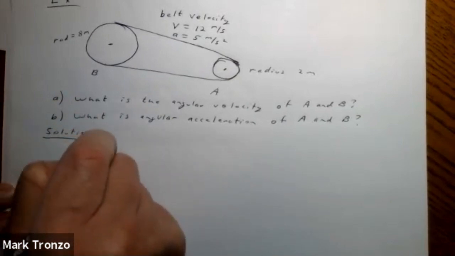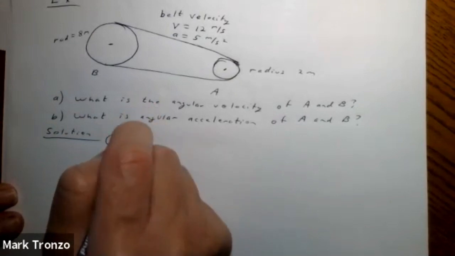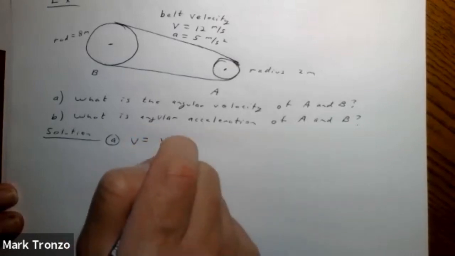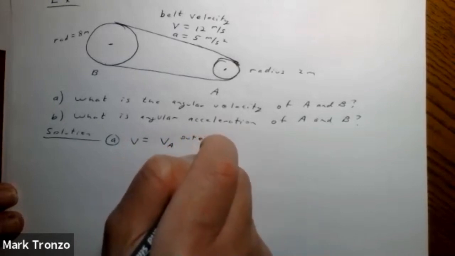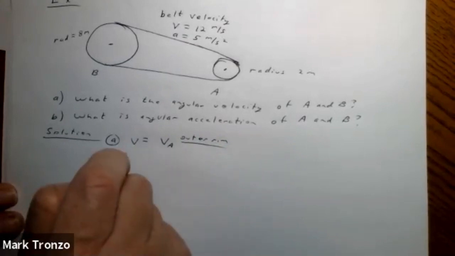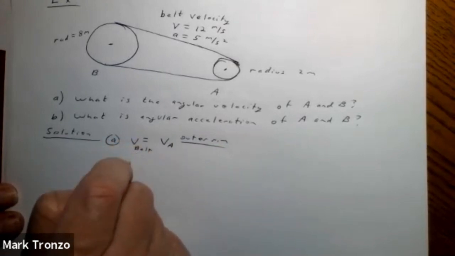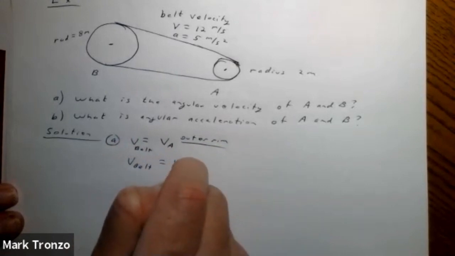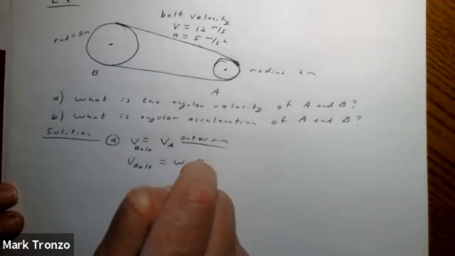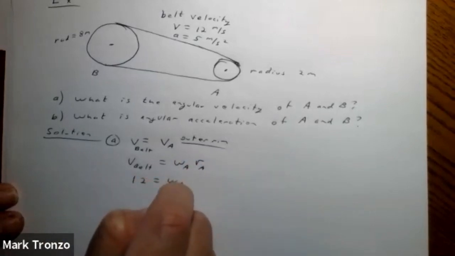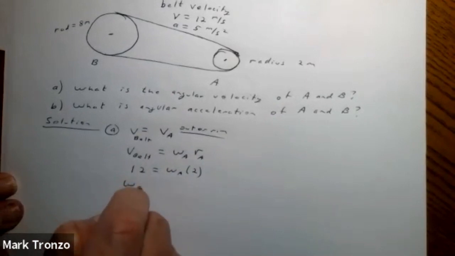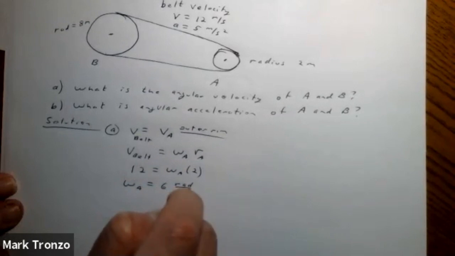So the belt velocity is equal to the velocity of the outer rim of A, and that's equal to the angular velocity of A times the radius of A. That's 12 = omega A times 2, so omega A is 6 radians per second.